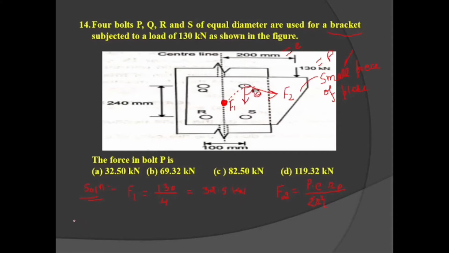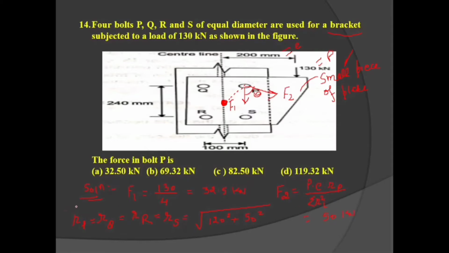So the radial distance for rivet P, Q, R, and S is the same, that is equal to under root of 120 square plus 50 square. So after putting all the values, we can easily calculate, and this value is equal to 50 kilonewton.